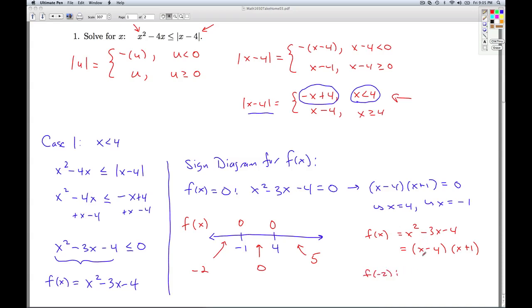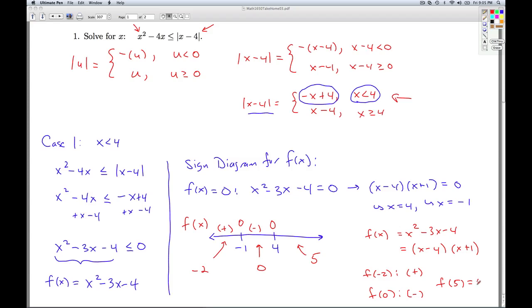If I plug negative 2 into this formula, I get a negative times a negative, so I get a positive. If I plug 0 in, I can see quickly that I got a negative. And I can plug 5 in to this formula.